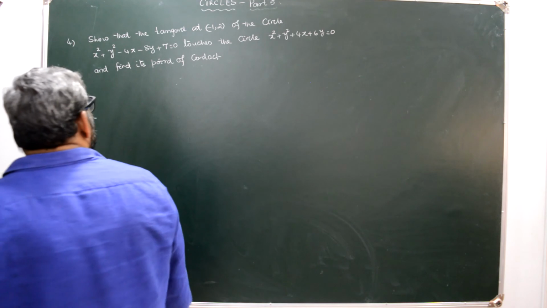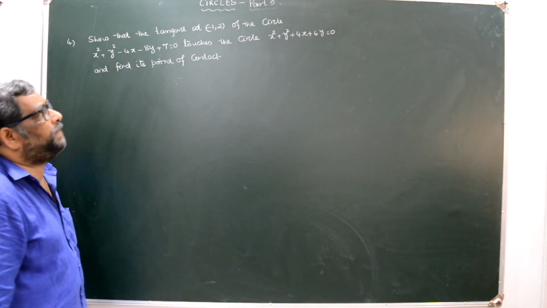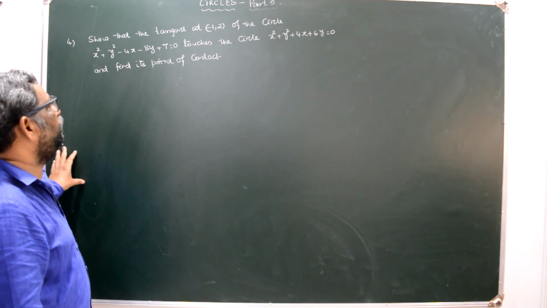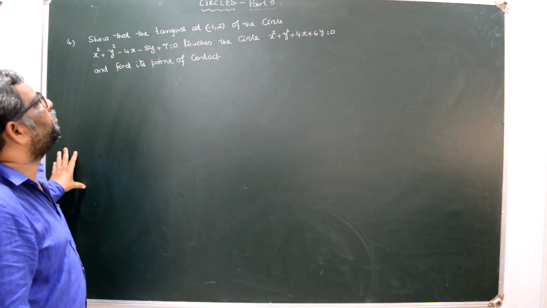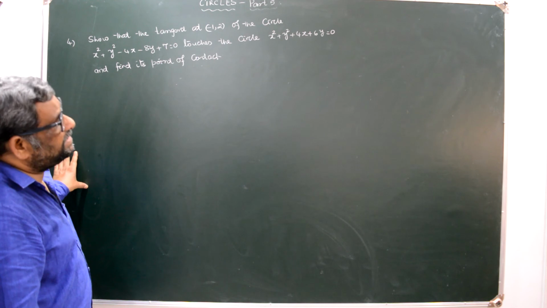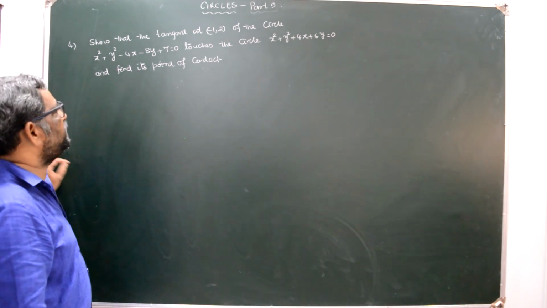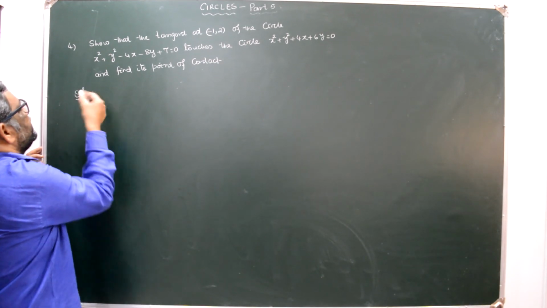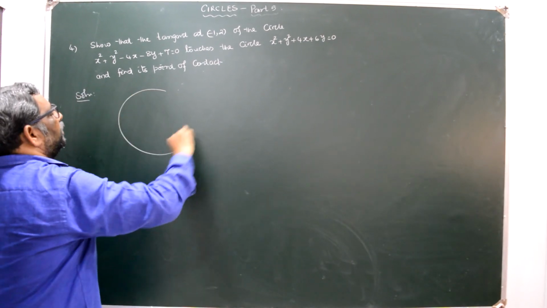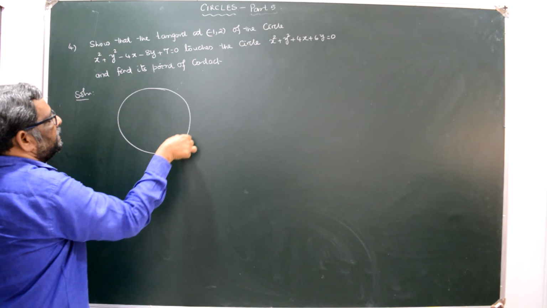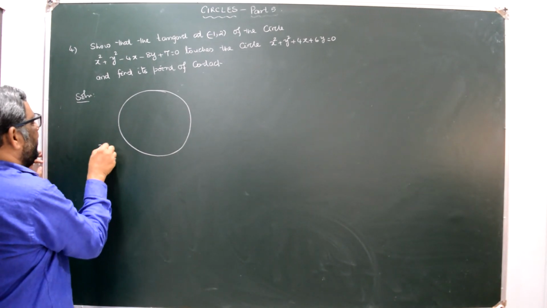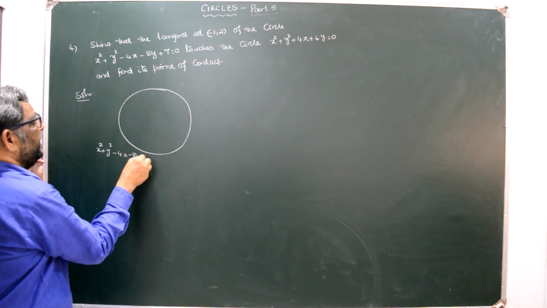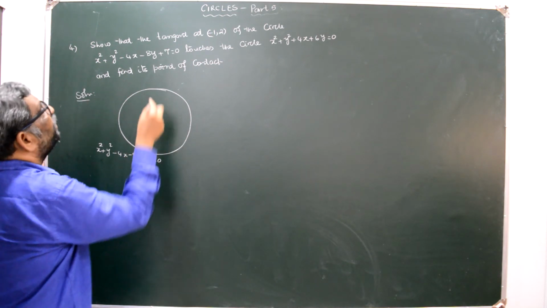The next question is, show that the tangent at minus 1 comma 2 of the circle x square plus y square minus 4x minus 8y plus 7 equals 0 touches the circle and find its point of contact. So one circle is given to us. The equation of this circle is x square plus y square minus 4x minus 8y plus 7 equals 0.